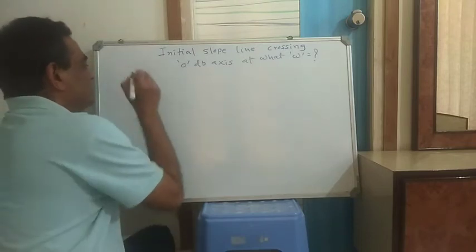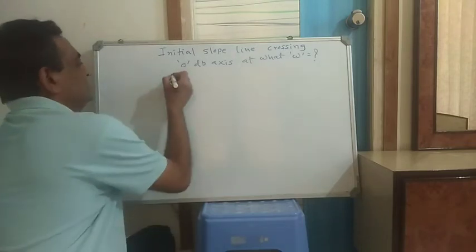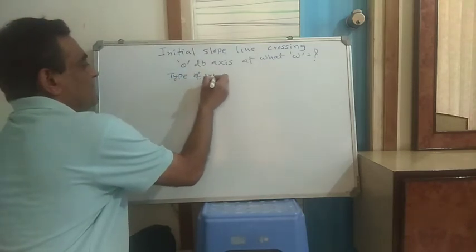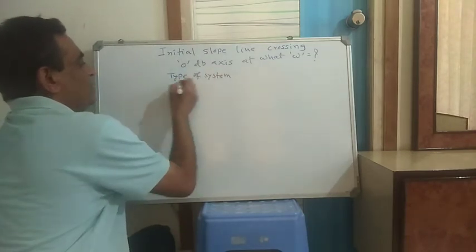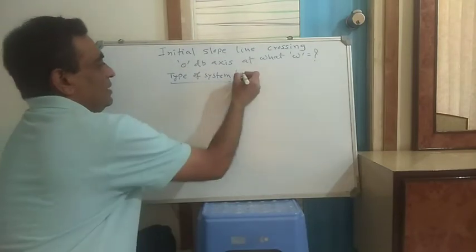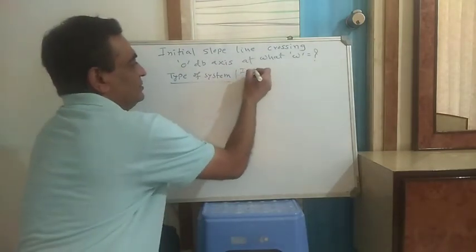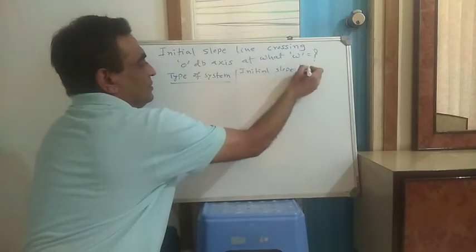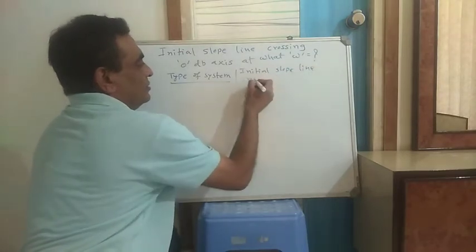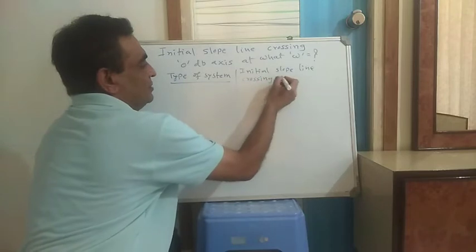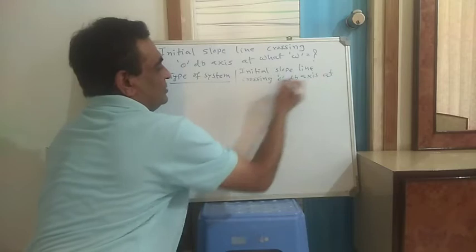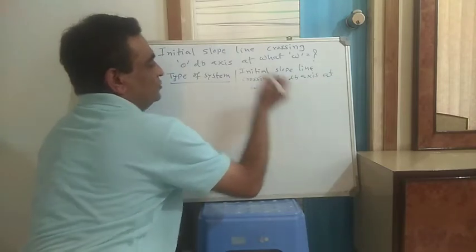The rule is something like this: type of system, and initial slope line crossing 0 dB axis at omega equal to.